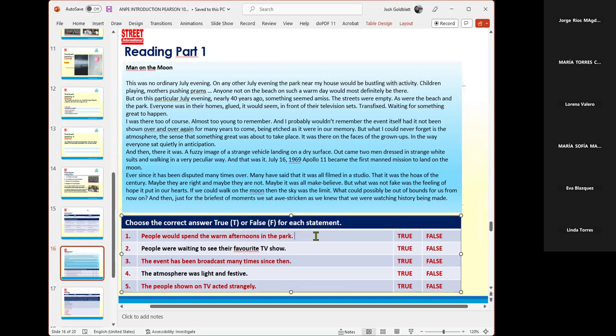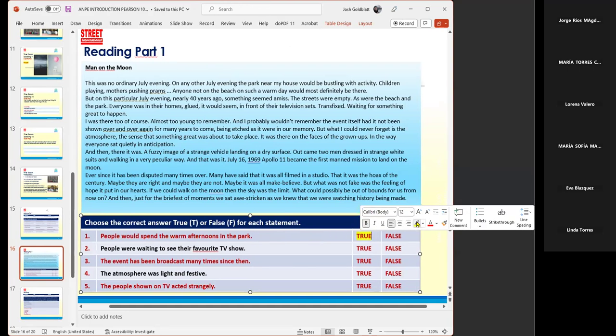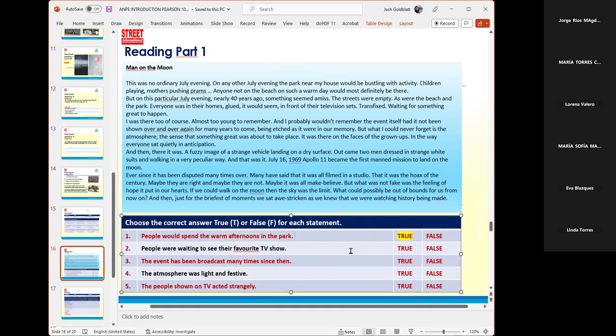People would spend the warm afternoons in the park. True. Okay. So you see, easy. You look at the text. So do number 2, 3, 4, 5. Do it yourself. We'll give you 5 minutes.